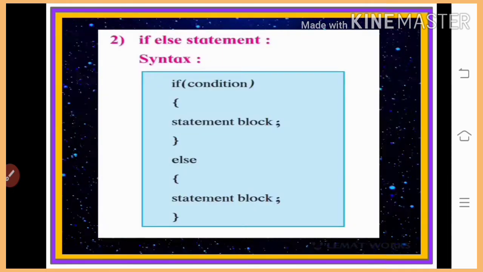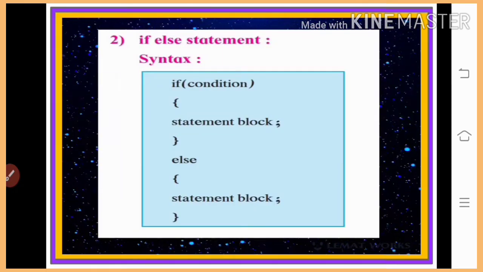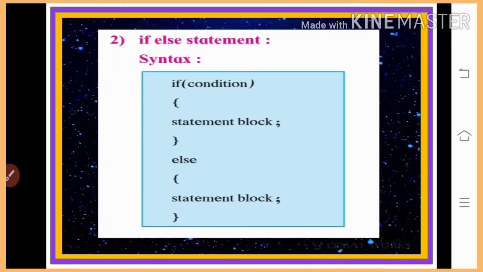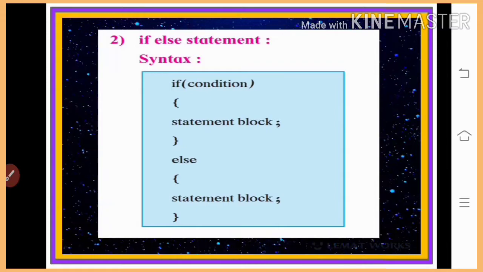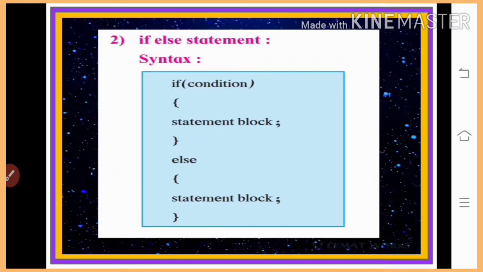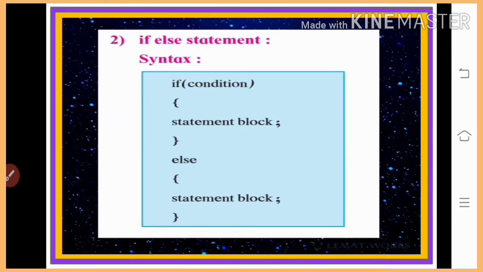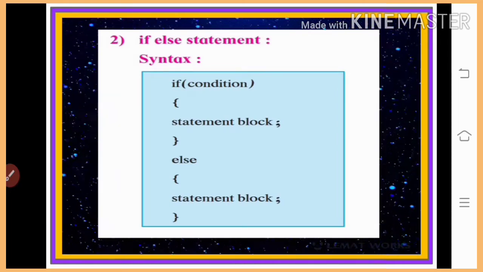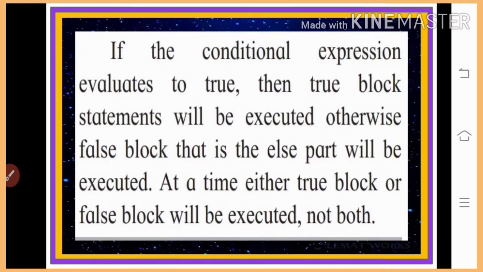The next decision making statement is the if else statement. The syntax is if condition, first part statement block, else second part statement block. If the conditional expression evaluates to true, then the true block statement will be executed, otherwise the false block, that is the else part, will be executed.